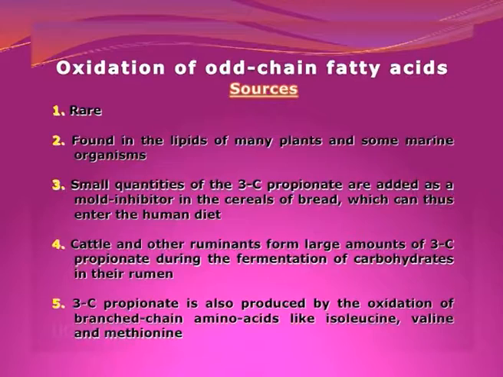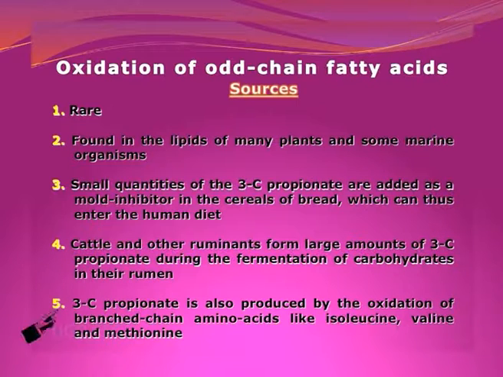Odd chain fatty acids are not very common in nature. However, they may be present in plants and marine organisms. Some amount of the 3-carbon propionate is added to bread as a mold inhibitor, and through this route it may enter our system. 3-carbon propionate may also arise out of fermentative metabolism within the digestive tract of cattle and similar other ruminant animals.